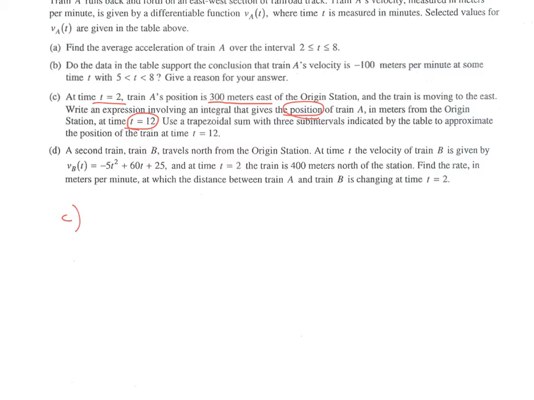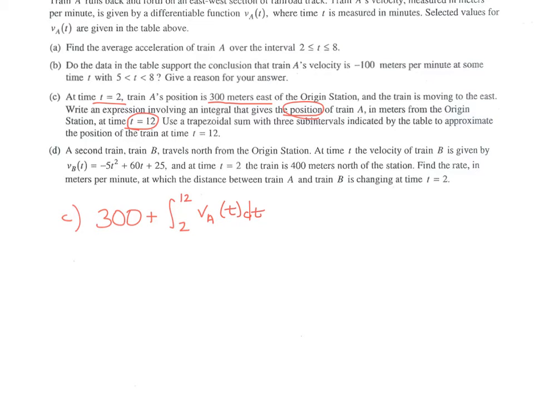We've got to write an integral that gives the position of the train. So we know that we're starting at 300 meters, and from there between t equals 2 and t equals 12, we can find the total distance traveled by integrating our velocity function.